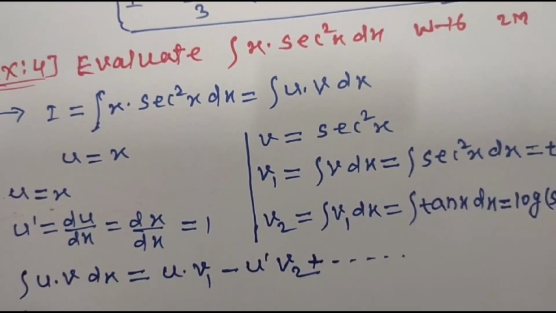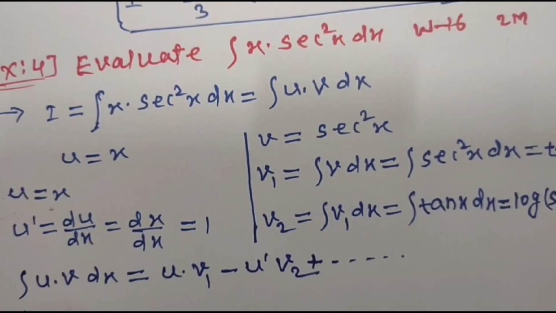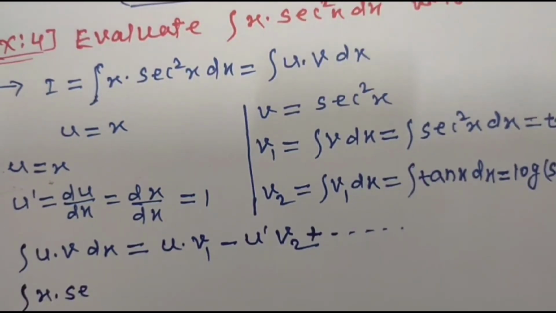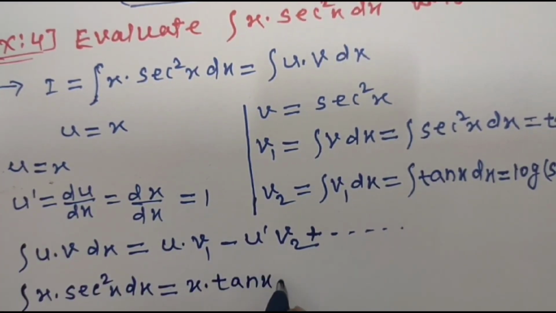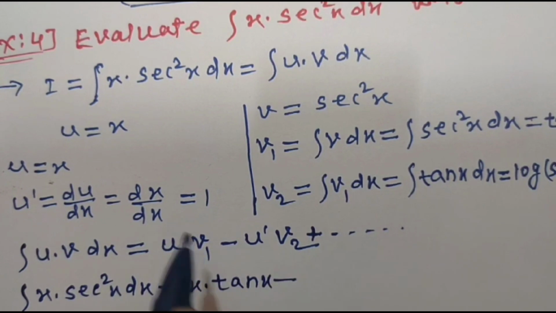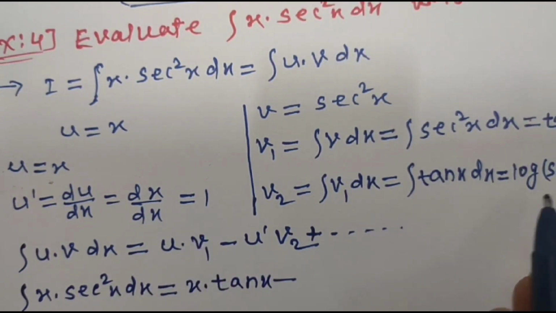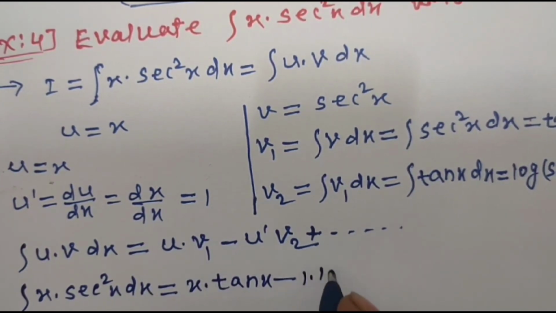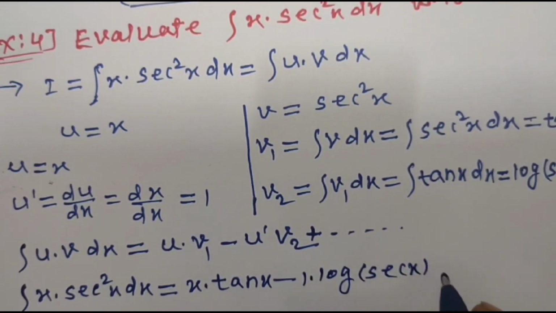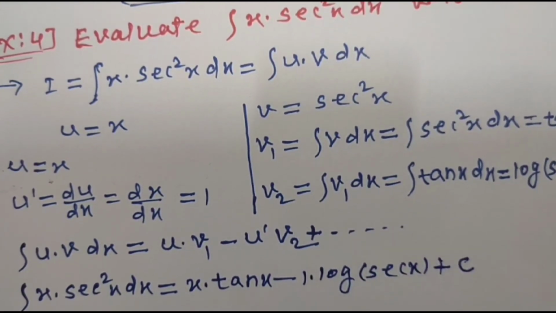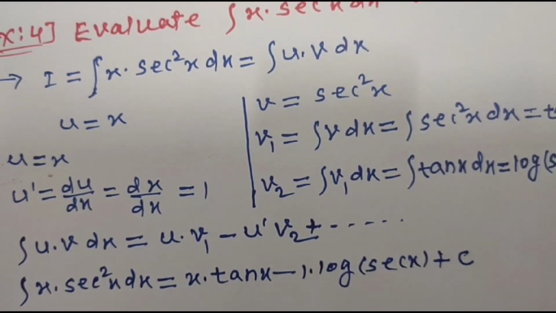Hence the integral of x into sec square x dx is equal to x into tan x minus 1 into log of sec x plus the integration constant c. So this is the solution. If you want, you can simplify, otherwise keep this as it is.